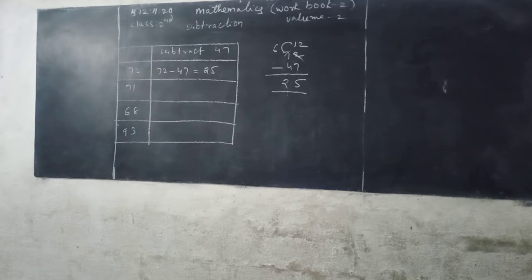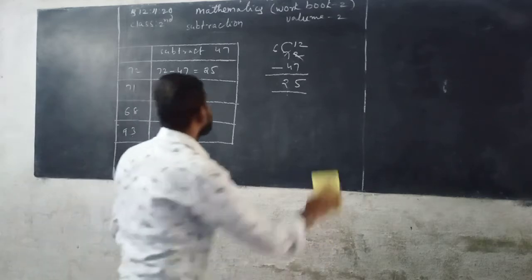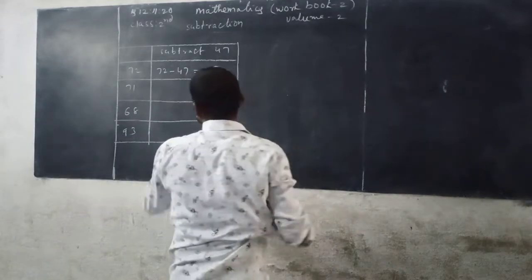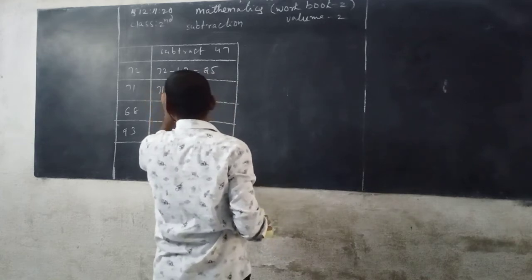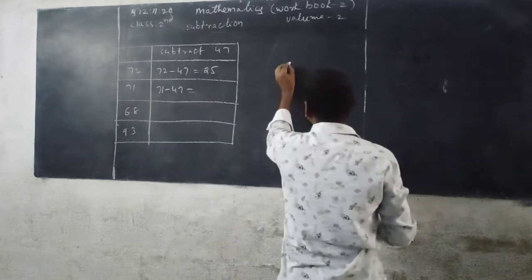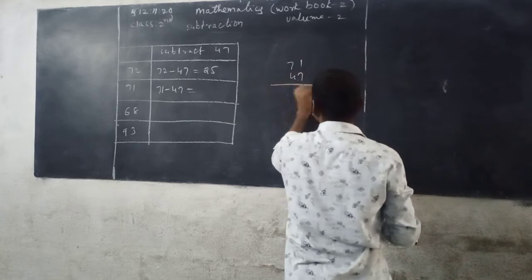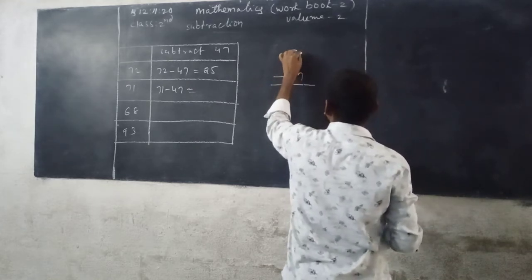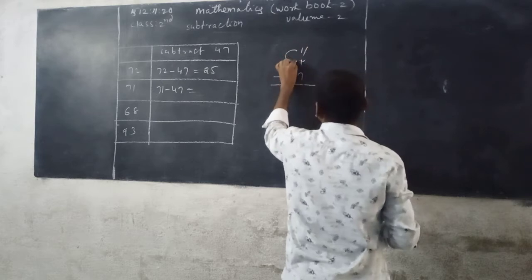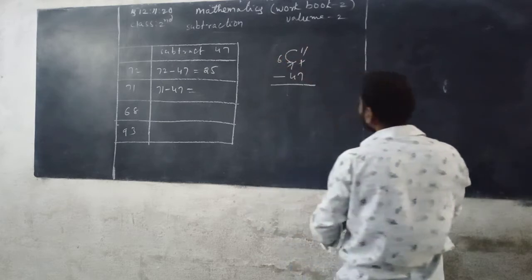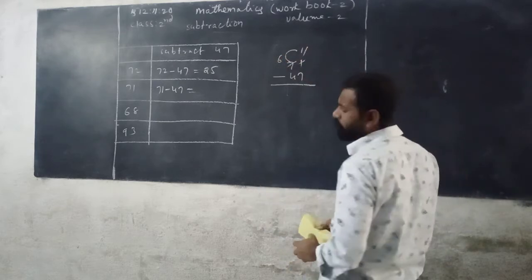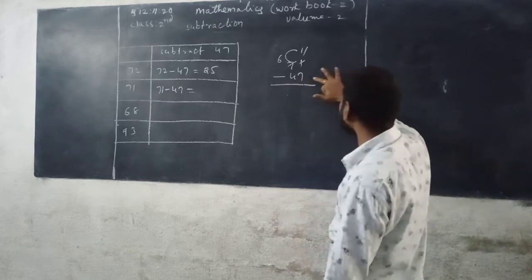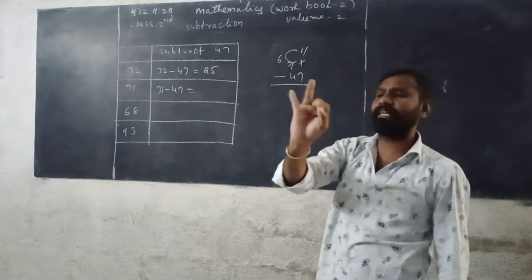So now next one is 71 minus 47. You can do rough work. 71 minus 47. 1 minus 7 not possible. Take borrowing. 10 is added to 1. 10 plus 1, 11. Cut it. 7 becomes 6. 11 minus 7, you can get 4. 7 after 8, 9, 10, 11.